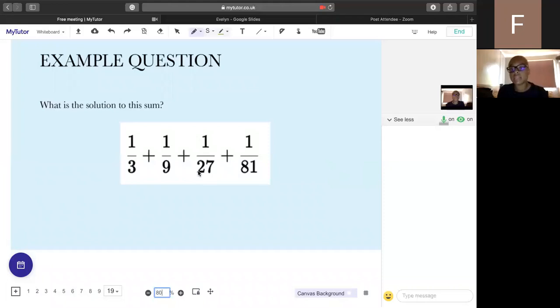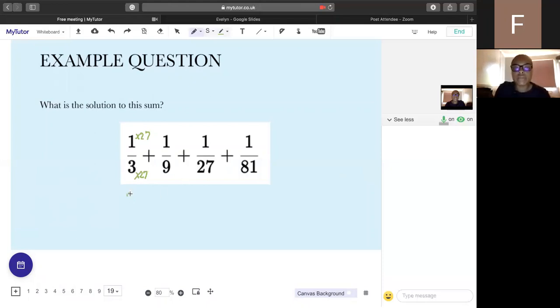3 goes into 81, 9 goes into 81, 27 goes into 81. So to get from 3 to 81, we need to multiply it by 27. This sort of question could potentially come up in a non-calculator paper as well, so be aware of that and make sure that you do know your factors and your multiples.